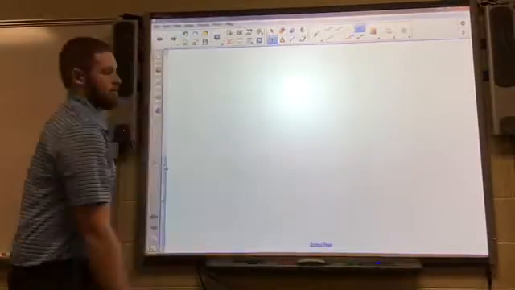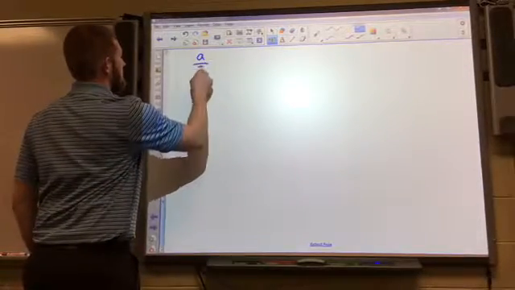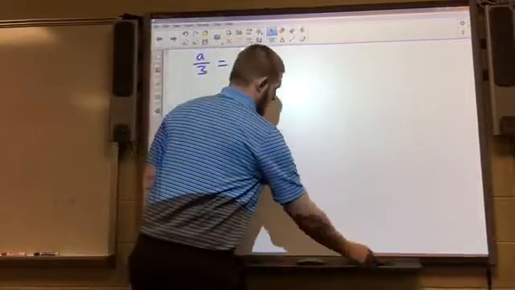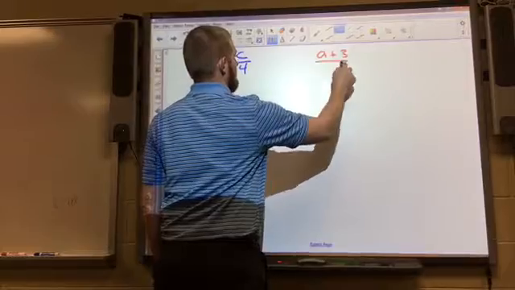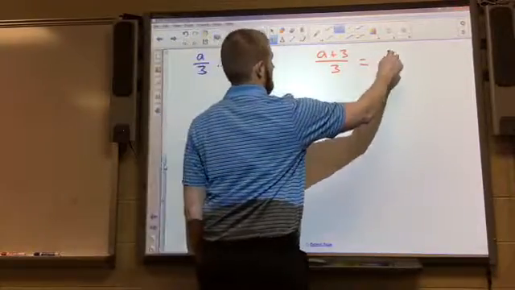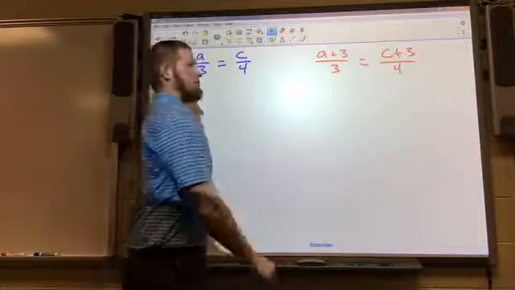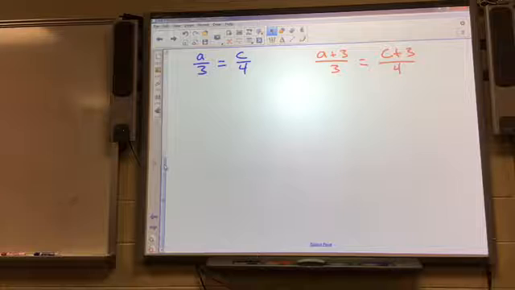Now the next one, they tell you that A over 3 equals C over 4. They want to know, is it true that A plus 3 over 3 is equal to C plus 3 over 4? Carson, why are you saying no?